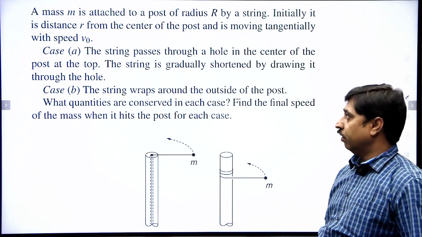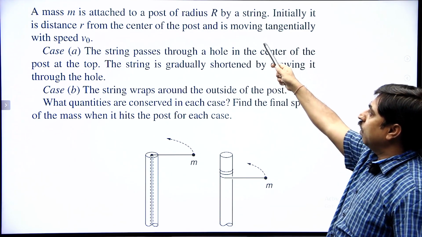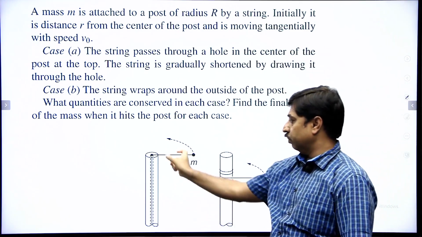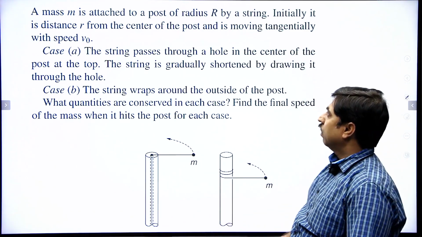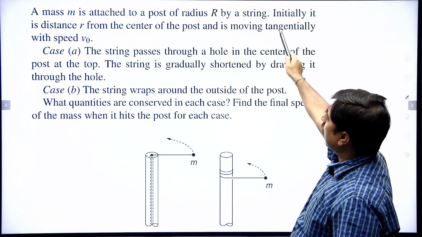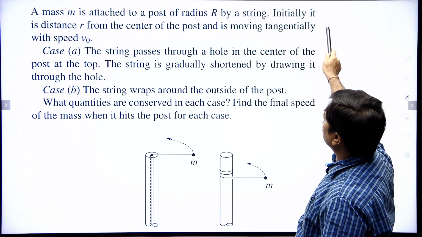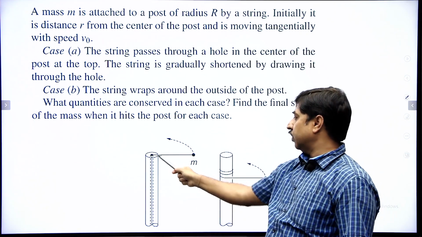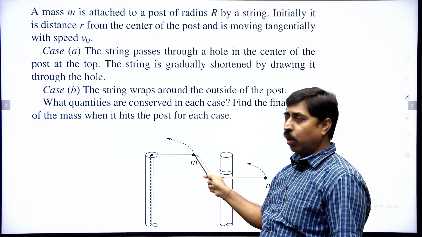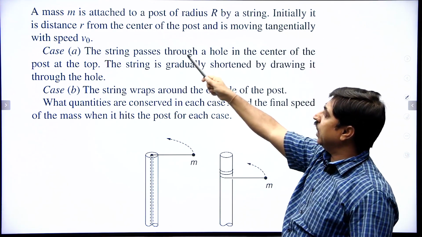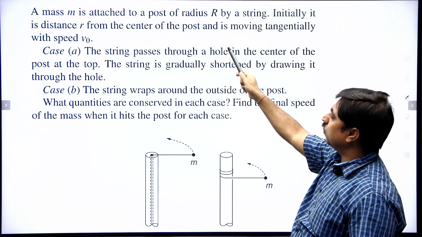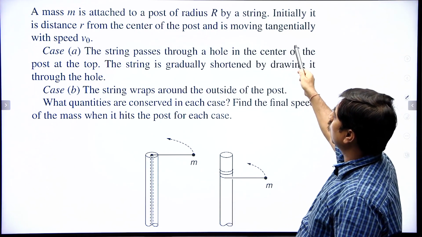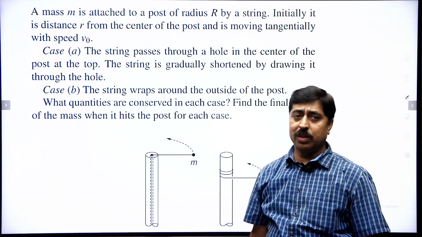Read this question please. A mass m is attached to a post of radius r. This is a post, a pipe kind of thing. A mass m is attached to a post of radius r by a string. There is a string which is holding this mass. Initially, it is a distance small r from the center of the post and is moving tangentially with speed v naught.